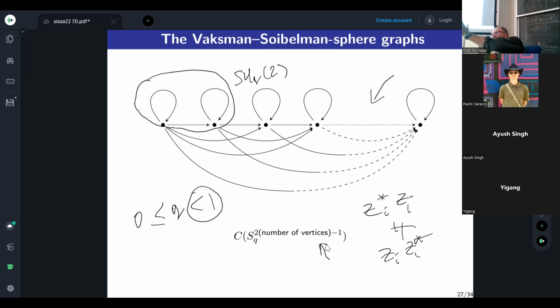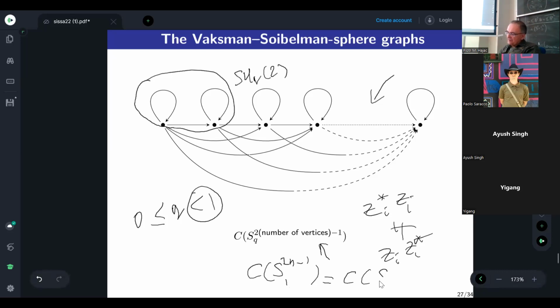You have a continuous field of C*-algebras, and where q is equal to 1, your C*-algebra is commutative, and its spectrum is exactly a 2n-1 dimensional sphere. So C(S^{2n-1}) is just the C*-algebra of continuous functions on the 2n-1 dimensional sphere.